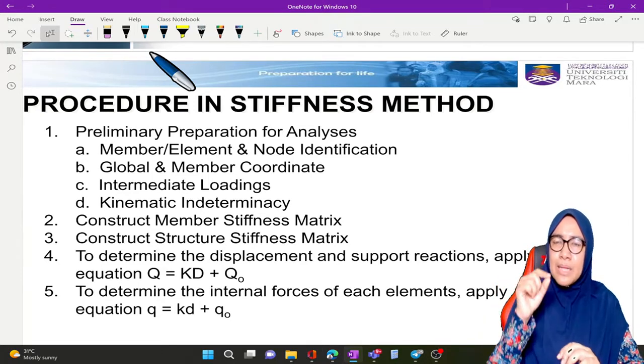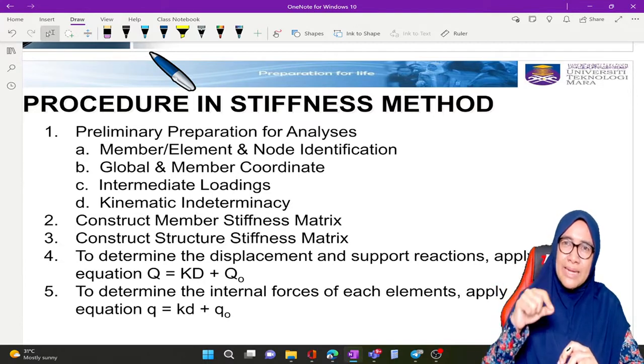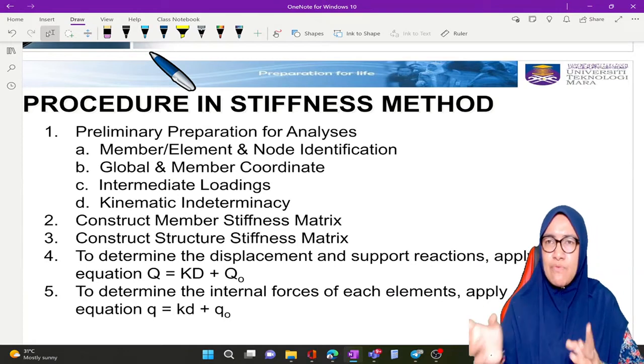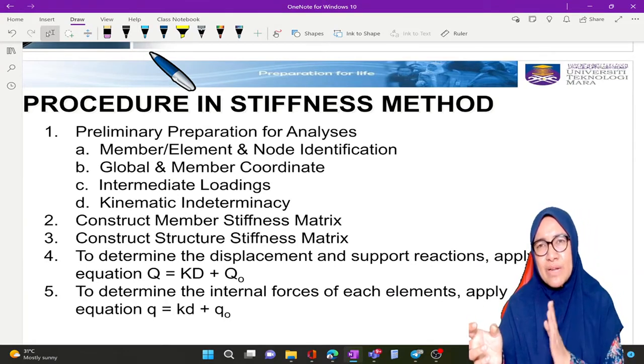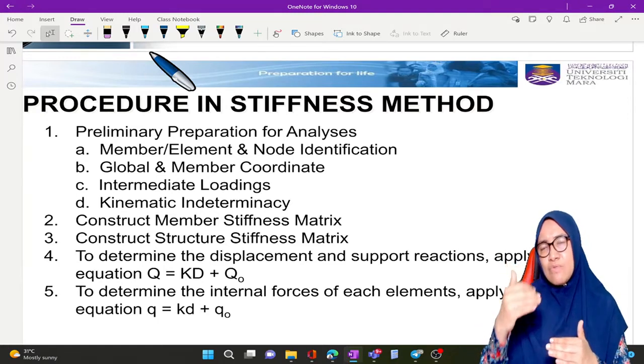We have to label the coordinate for each joint. But before that, we have to be able to differentiate between unconstrained and constrained systems.